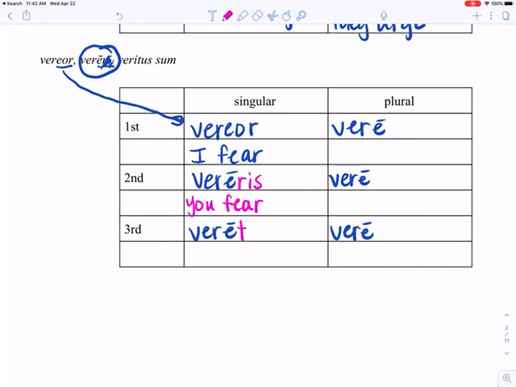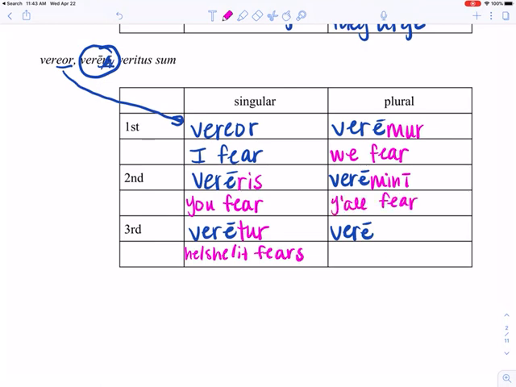We're going to add tur for third singular, veretur, and so this is he, she, or it fears. We're going to add mur for first plural, veremur, and then we have we fear. We'll add mini for second plural, and so that's y'all fear. And then we're going to add untur for third plural, and this is they fear. Okay?